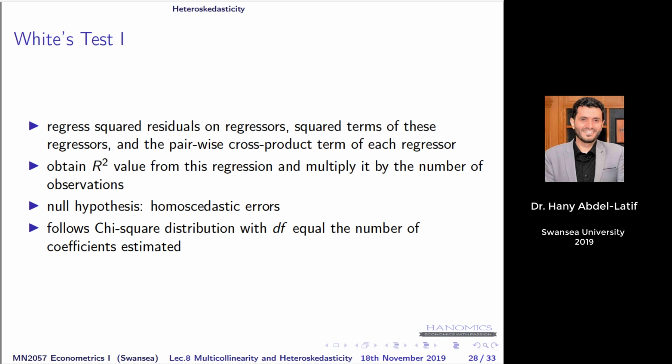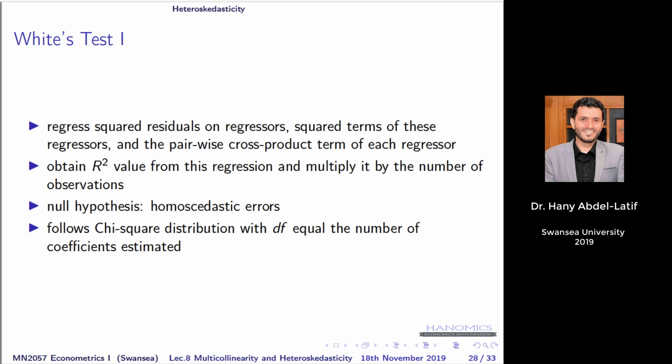And then what we need from this new regression, we need R squared. Okay, so we obtain R squared from this regression, and to calculate the test statistic, we multiply R squared with the number of observations. So the test statistic in this case is R squared times the number of observations. What is our null hypothesis? It's the same. Homoscedastic errors.